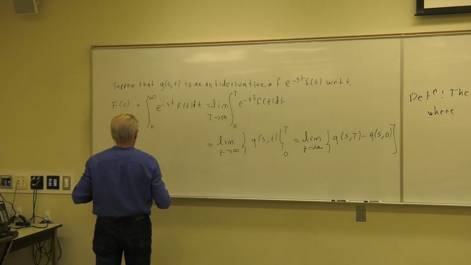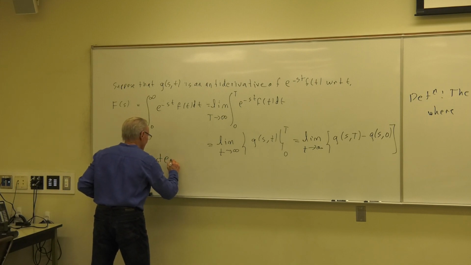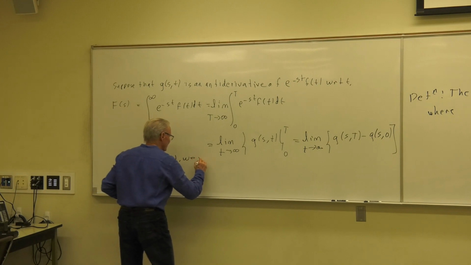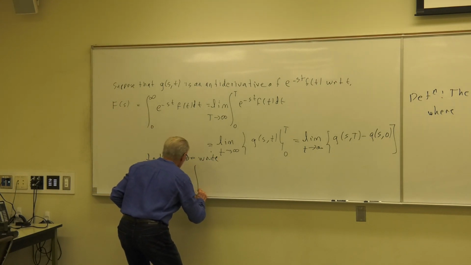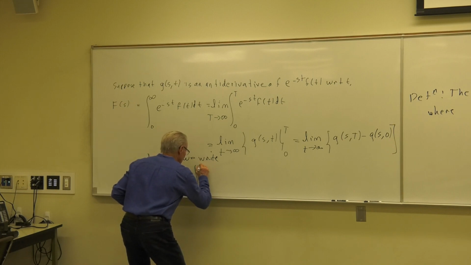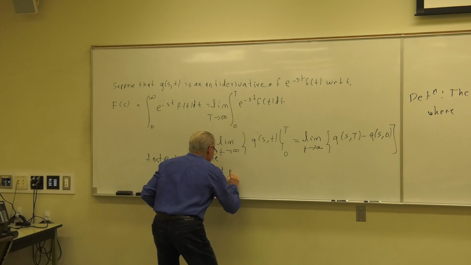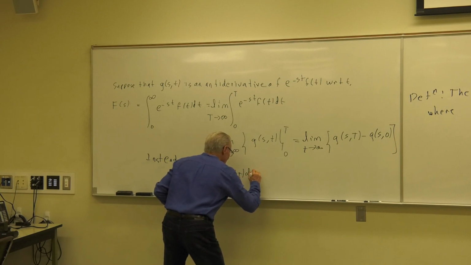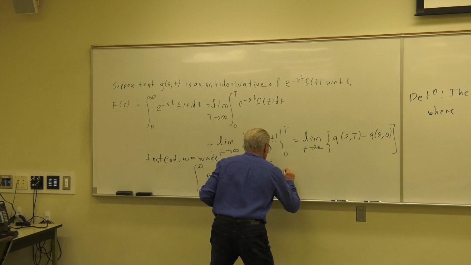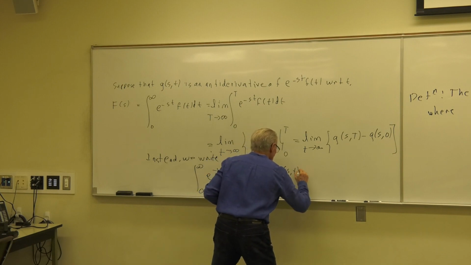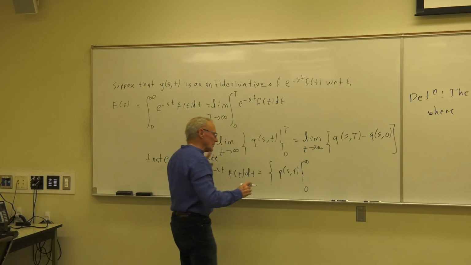We're not going to do that. We're simply going to write instead that the integral from 0 to infinity of e to the minus st, f of t dt, is equal to, just like at first, you take the antiderivative, g of s and t, you drop in 0 and you drop in infinity. So we'll write that, but we know what that means.